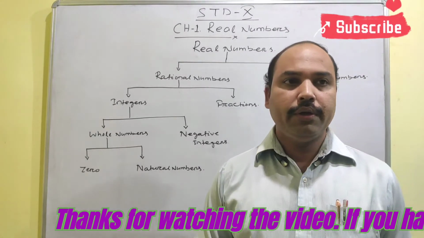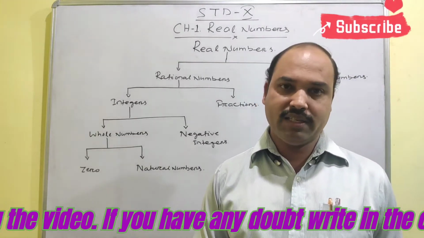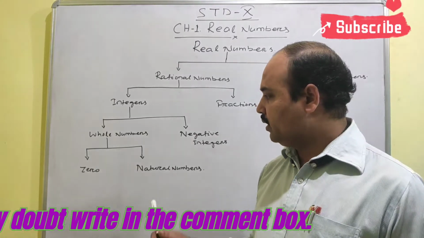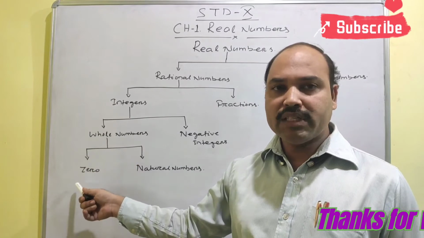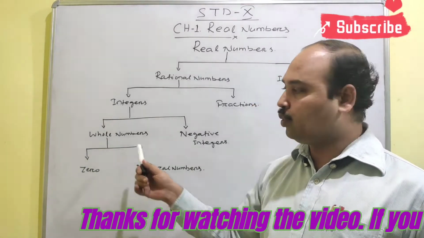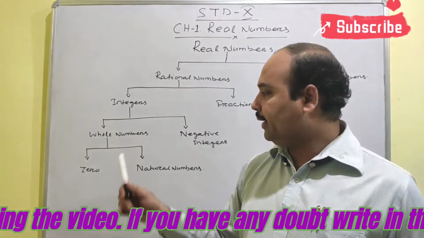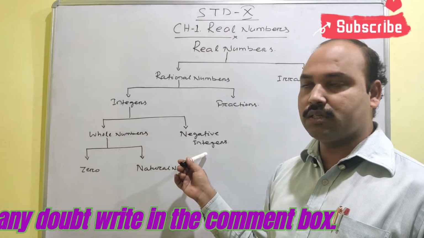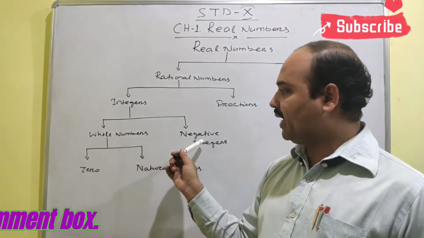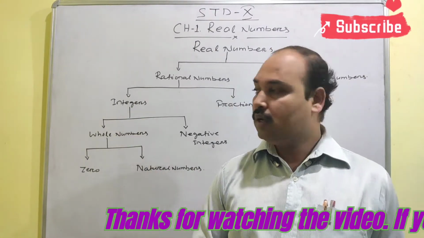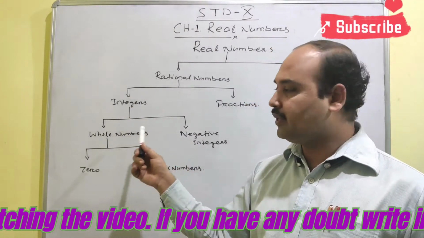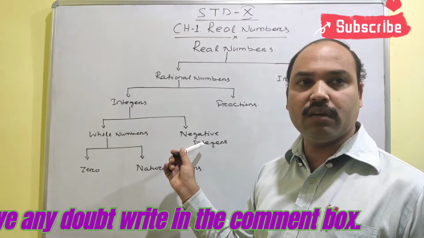Their set is the N set. You already know that. So what is called a whole number? Along with 0, all the natural numbers are known as whole numbers. Then whole numbers and negative integers: when we combine them, we will get the integers. So why are they separated into two types, whole numbers and negative integers?